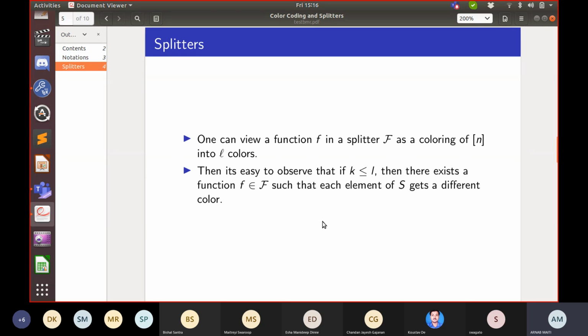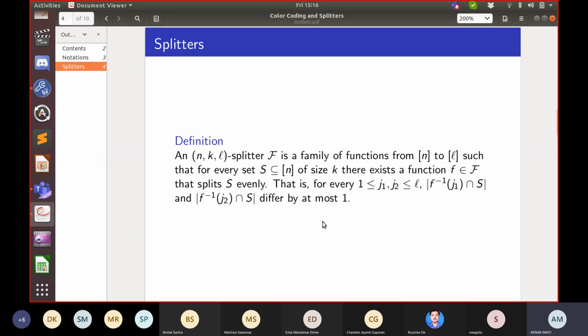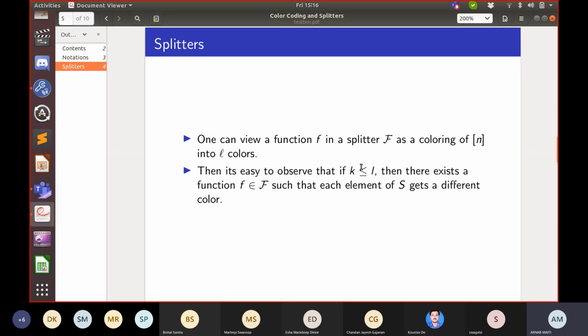Before looking at some very nice constructions, what can be a very naive way of creating such a family of functions such that this property holds?